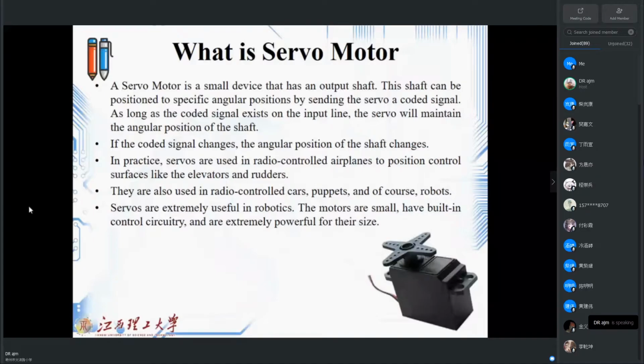Even in some security cameras, you can use these types of motors to have better control. In all, if you want precise control of your movement in angular form, the servo motor is the solution which can be used.